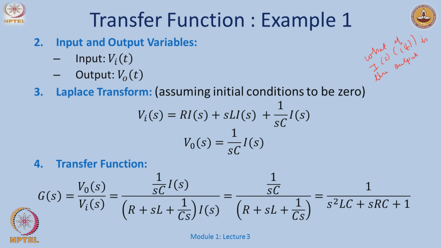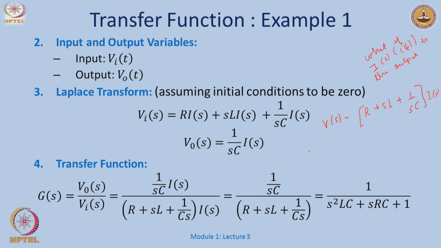Okay. So, how does the Laplace transform now look? It's again kind of straightforward to compute from here. So, I say V(s) is R plus s times L plus 1 over sC, times I(s).